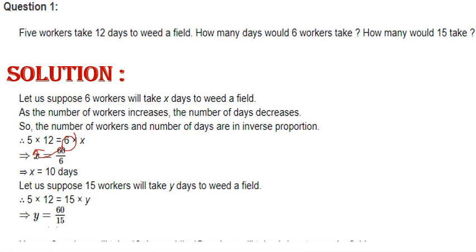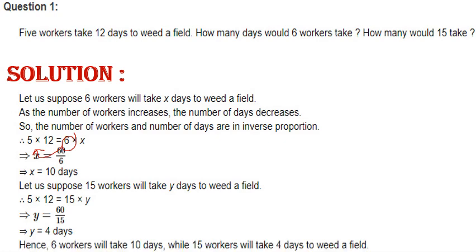If it goes to the LHS it will become division. So 60 divided by 15 would be 4. So it will take exactly 4 days for 15 workers to do the same work, that is to weed a field. So the final answer: 6 workers will take 10 days while 15 workers will take 4 days to weed a field.